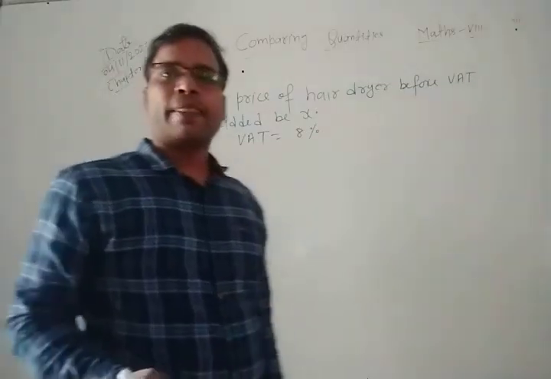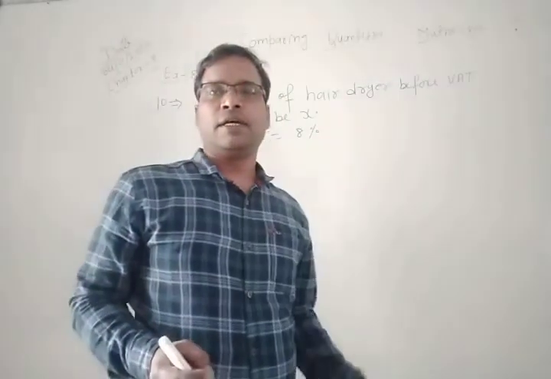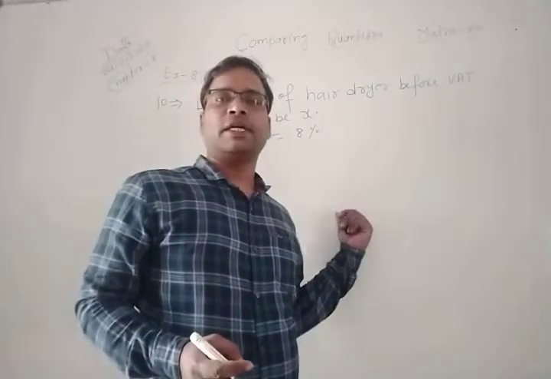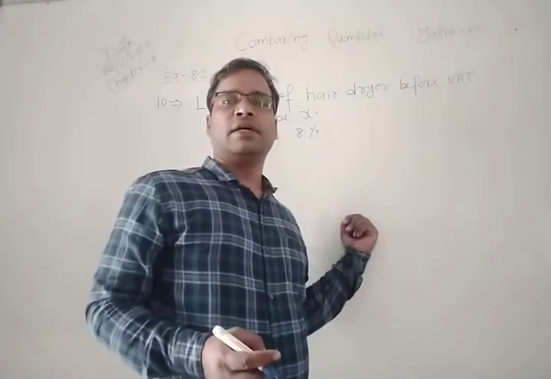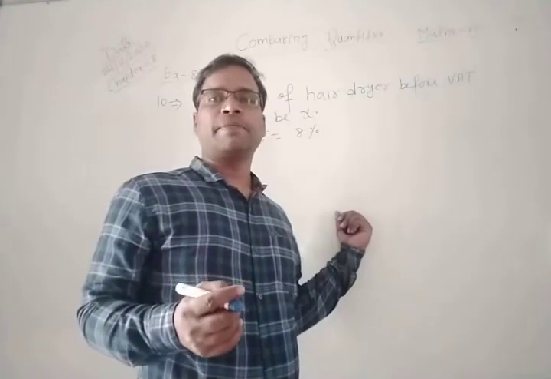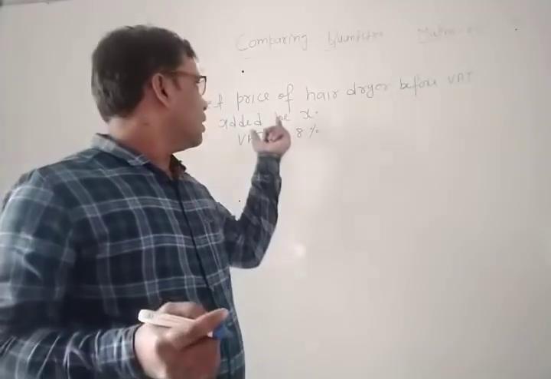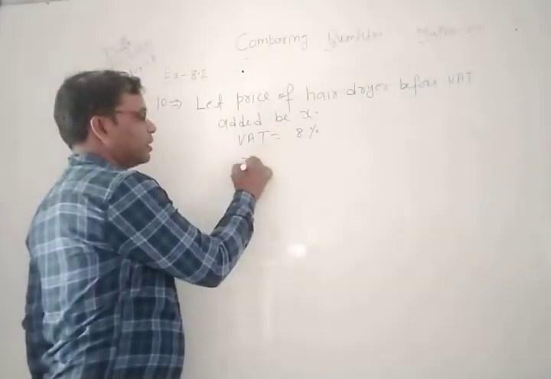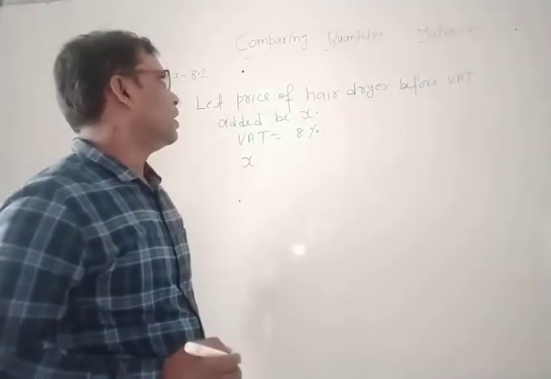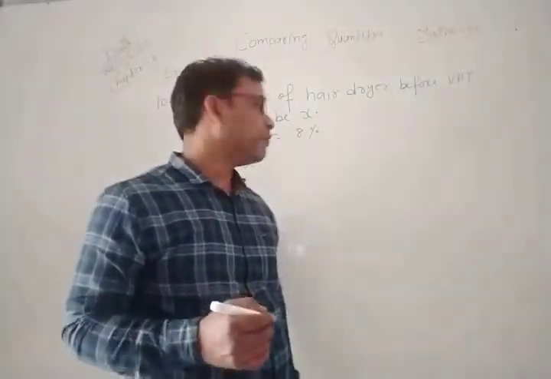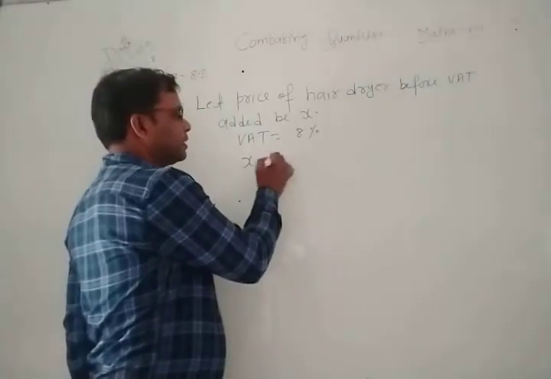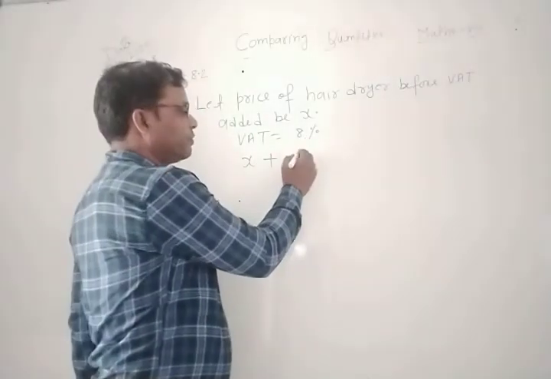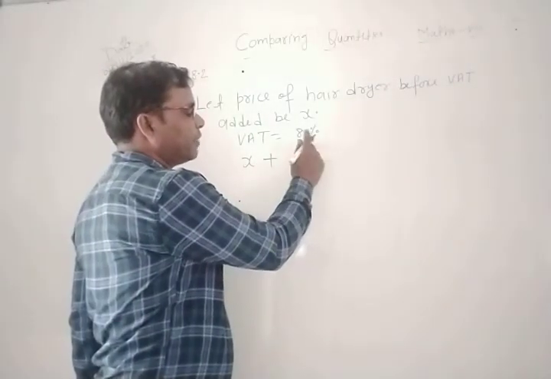So according to the condition, we can find the real price or selling price, market price of the hair dryers. So this is x. x is the price of hair dryer before VAT added. The VAT is given here 8%, so you can find 8% of x.